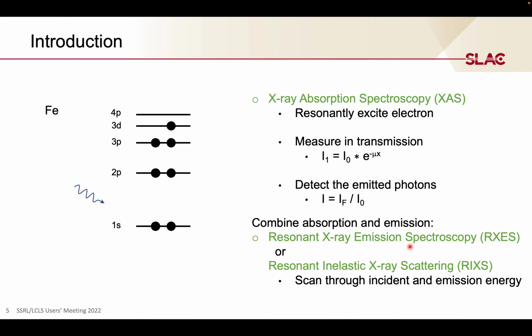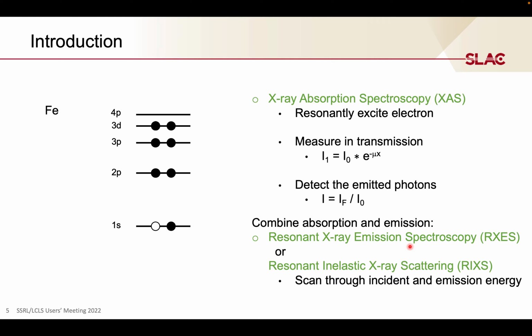So now if you don't excite the electron from the 1s into the vacuum, but you excite it into an unoccupied orbital, which in this case would be a 3d orbital, for example, you do a resonant excitation, which is then an X-ray absorption measurement. So the photon gets absorbed, and if you measure in transmission, you basically count the intensity that comes in, and you count the intensity that comes out, and you can couple them through I1 equals I0 times e to the power of minus mu times x.